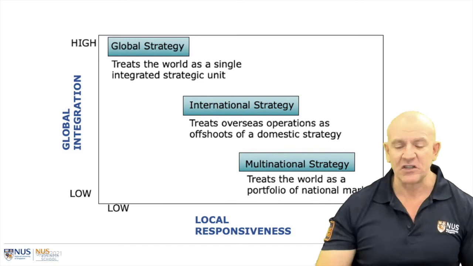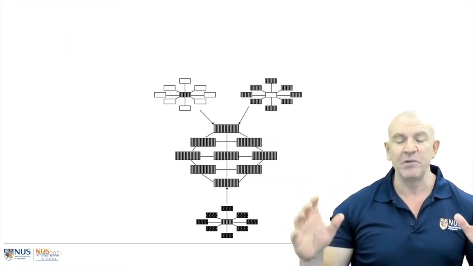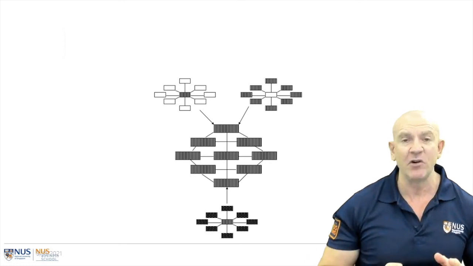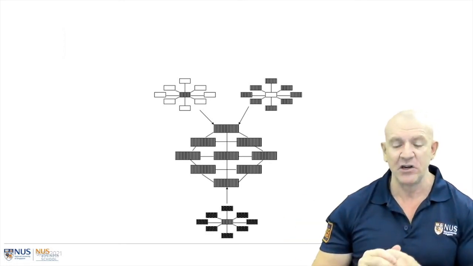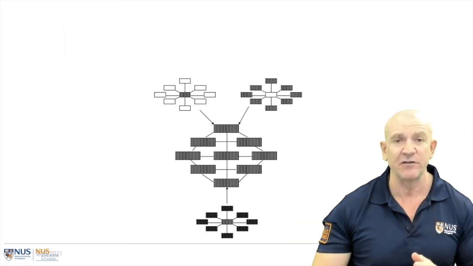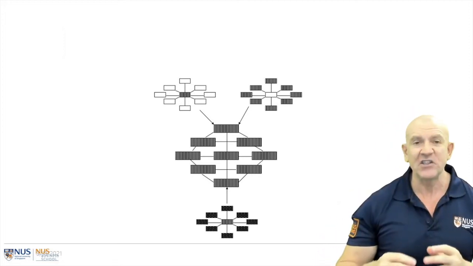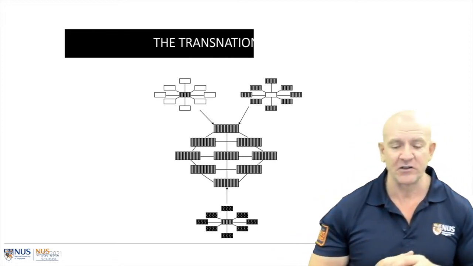So these three dimensions vary across their local responsiveness and global integration. But then the question is, what if we get to that upper quadrant where we want to be both globally integrated at a high level, but also maximally locally responsive at a high level? And this is where we get something called the transnational solution.